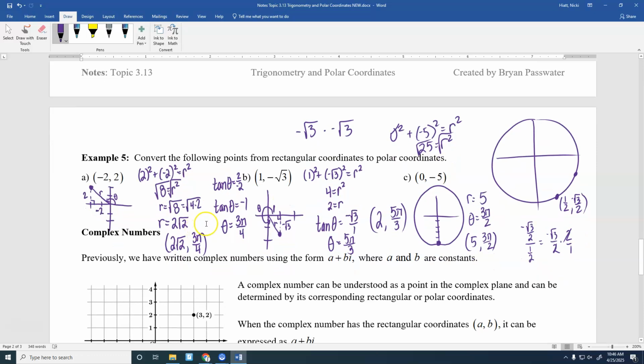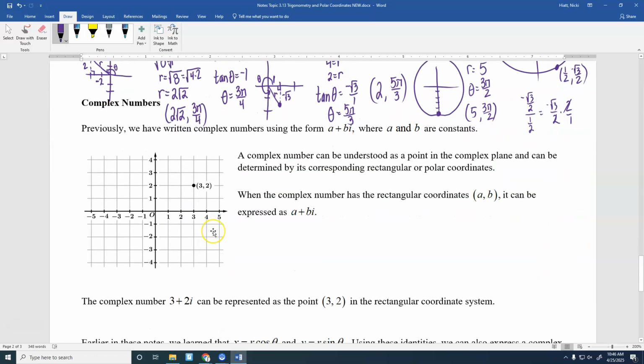Okay, so we also have to look at this. I'm mostly concerned with you being able to graph polar coordinates and being able to convert back and forth from rectangular to polar or polar to rectangular. We also have to look at how this can be shown on a complex plane, which is also something new that you have not really seen.